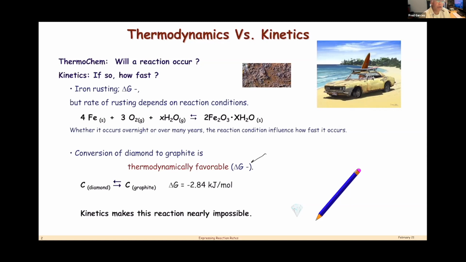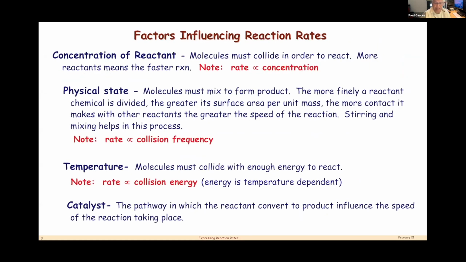And yet we can use that knowledge to take graphite or just plain carbon, and under very high pressure overcome that activation barrier, so that we can take basically coal or just carbon and make artificial diamonds. We can do that, but we have to overcome the thermodynamics.